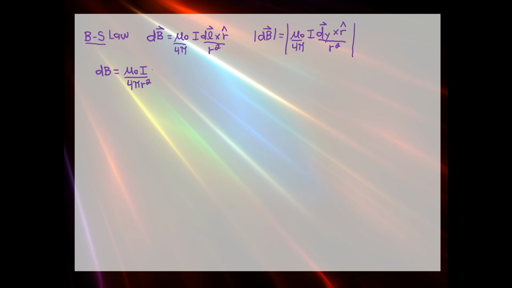And then we just need to evaluate the vector cross product between dy and unit vector r. So this would be equal to mu naught times I divided by 4 pi r squared. If we evaluate the magnitude of a cross product, it's going to be dy times r hat multiplied by sine of theta.